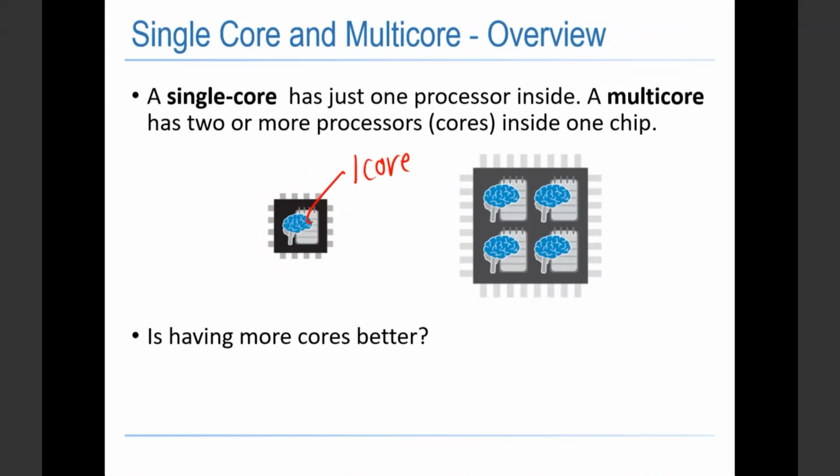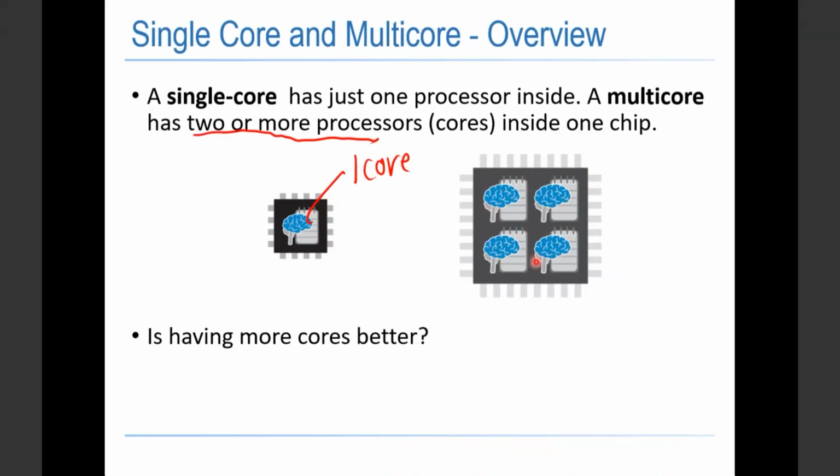But for the multi-core, you have two or more processors inside a single chip. Here you can see the multi-core processor, in which inside this processor you have four processors: 1, 2, 3, 4.